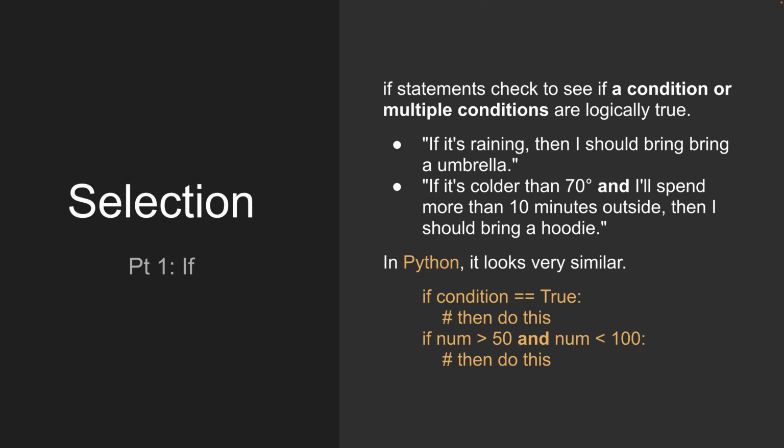And then in this condition, if it's colder than 70 degrees and I'll spend more than 10 minutes outside, then I will bring a hoodie. That's just a way of thinking. If it's less than 10 minutes, I probably don't need a hoodie. I'll just kind of tough it out. But if I'm going to be out there longer and it's kind of chilly, I might make sure I bring a hoodie.